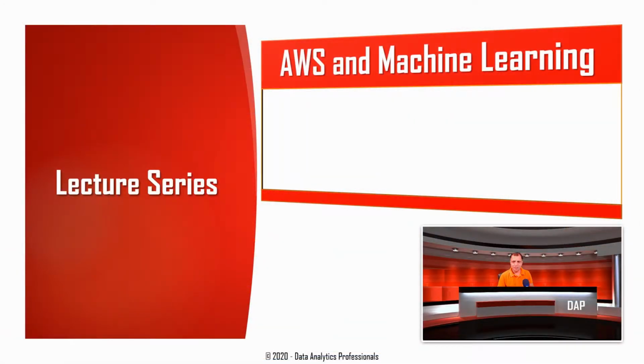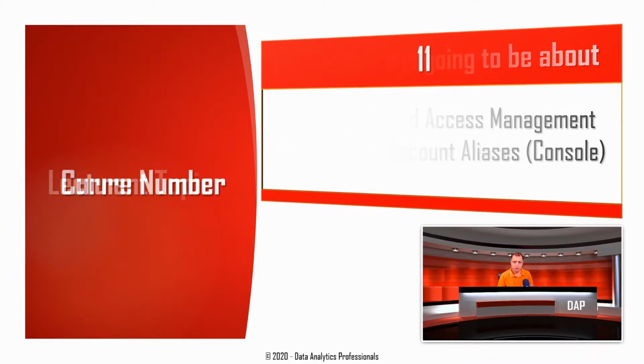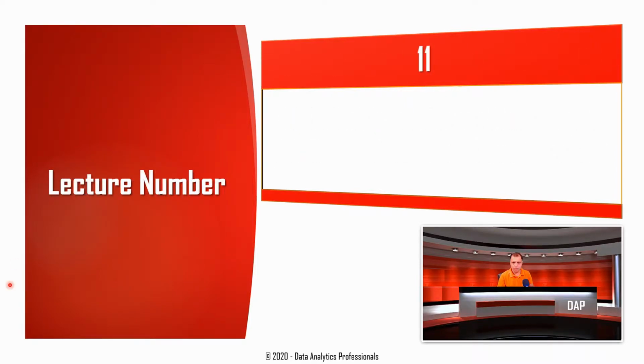This is a lecture series about AWS and machine learning, and for those who have just joined in, the current topic of this lecture is AWS Identity and Access Management. We are particularly going to look into how to create AWS account aliases through the console.